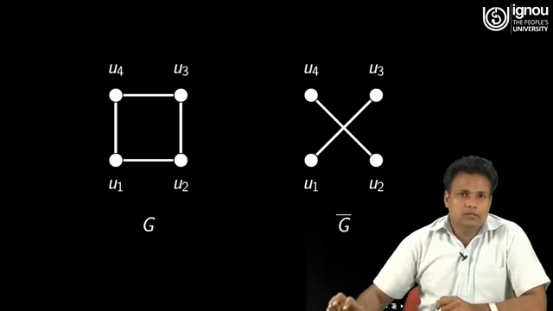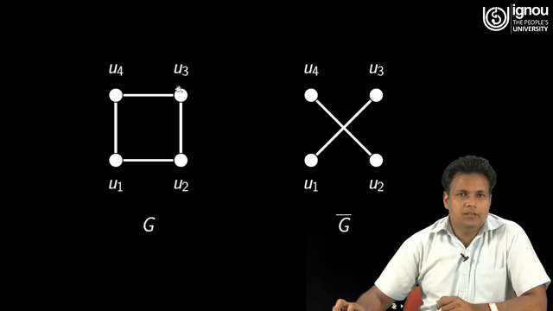Now, look at the graph G here. It has 4 vertices and 4 edges. So, there are 2 edges missing here, namely U2U4 and U1U3.